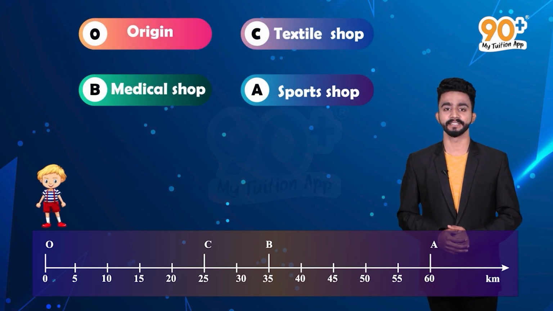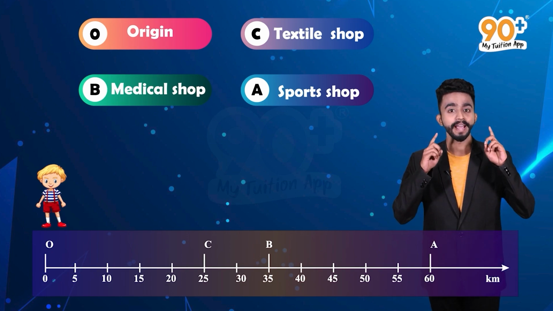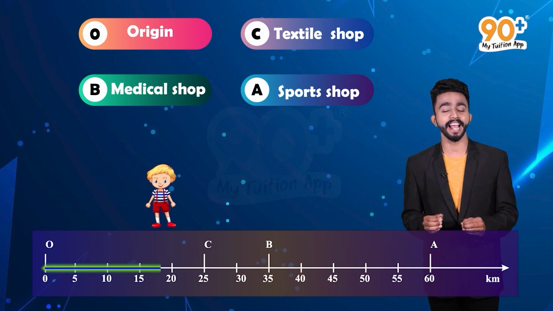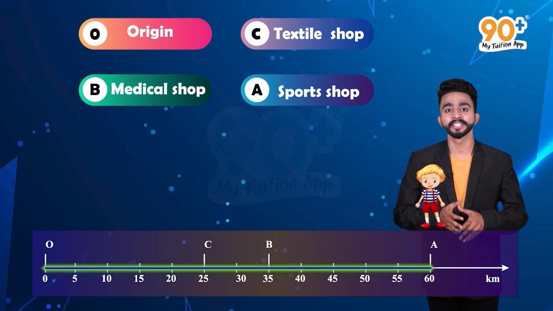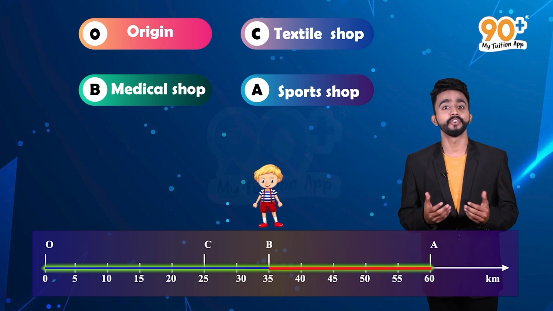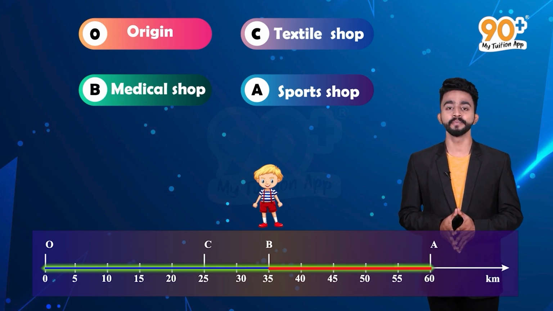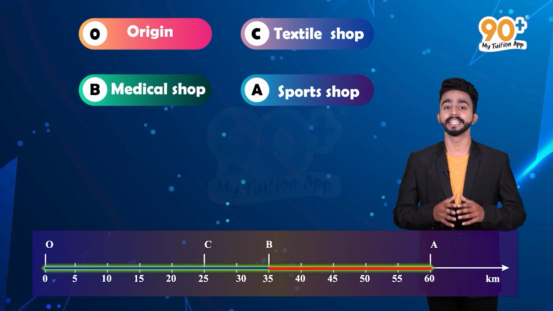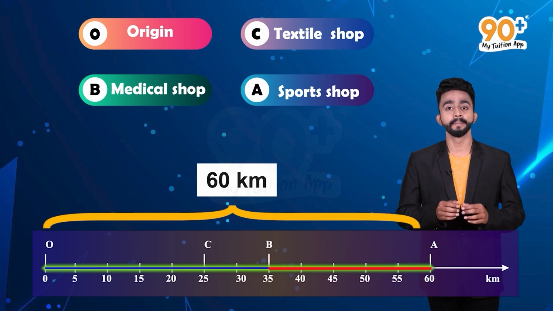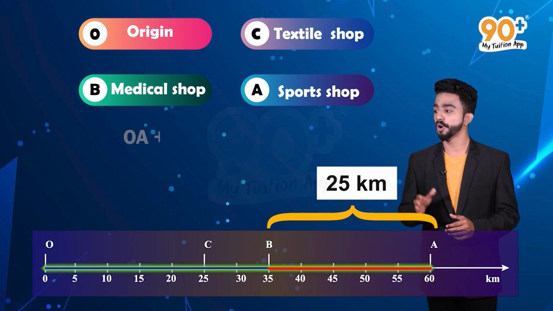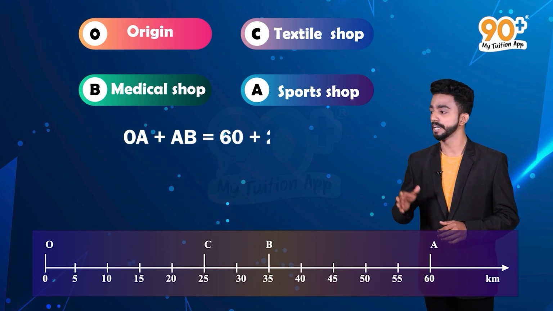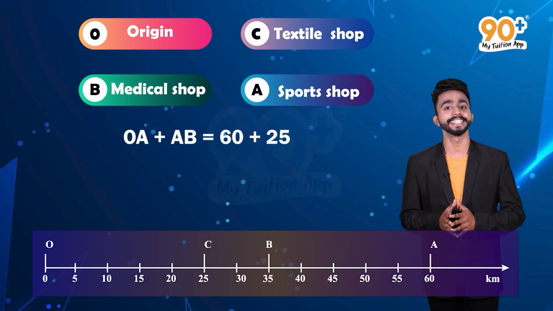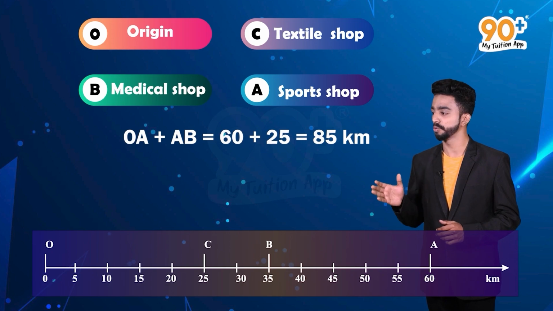Okay, let's check it. Now, imagine that Raju is traveling from his house to the sports shop and comes back to the medical shop. Then, what will be the distance value? Yes, it will be the distance from O to A plus A to B. That is OA plus AB, that is equal to 60 km plus 25 km, that is equal to 85 km.